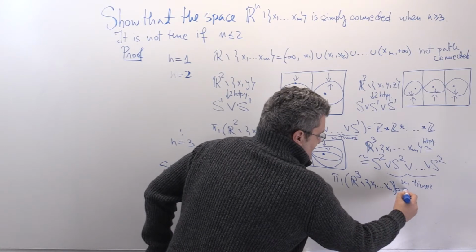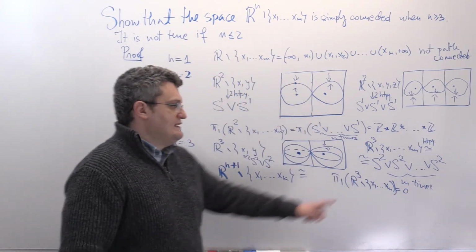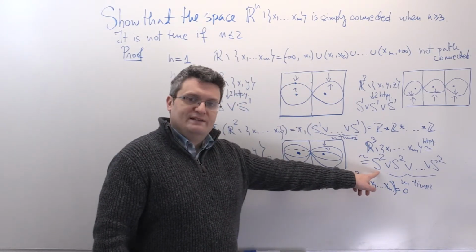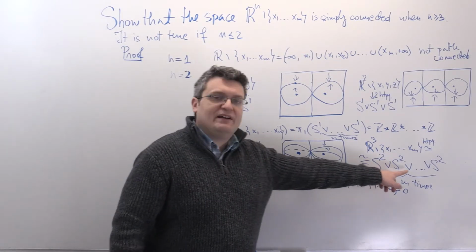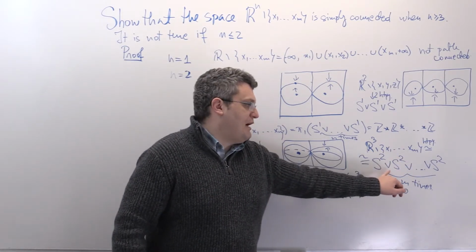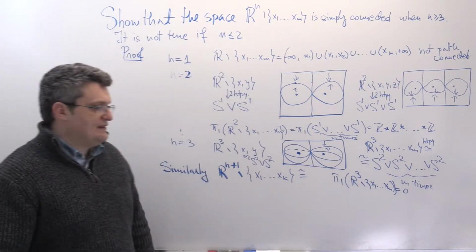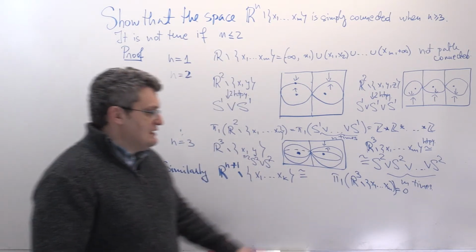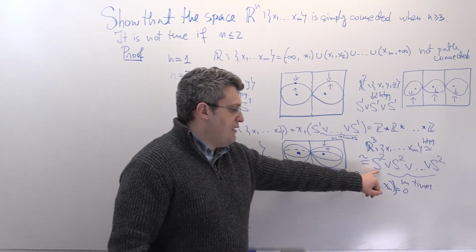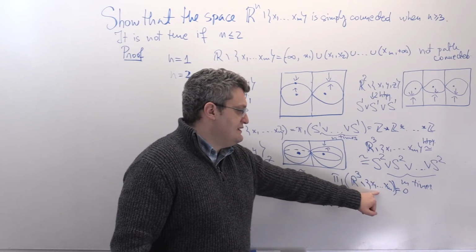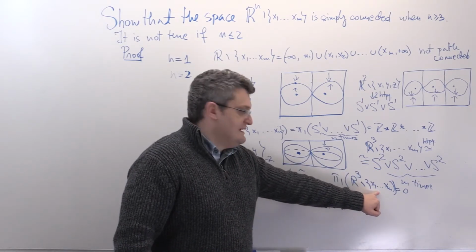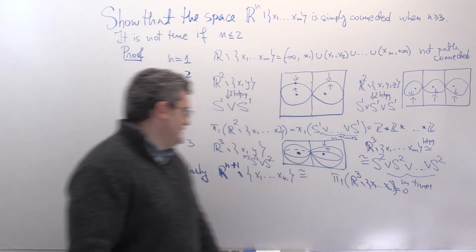This is 0, because pi1 of S2 is 0, and we will have a free group generated by pi1 of S2, which is 0. So this means that pi1 of R3 minus m points is 0.